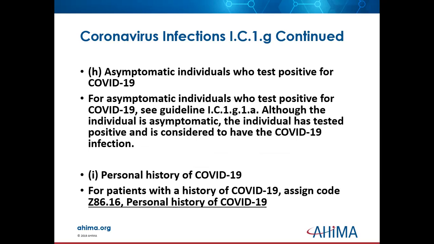You can't be asymptomatic and have symptoms, right? It's one or the other. You can't have the disease and be asymptomatic. So as per the second bullet point, if you have an asymptomatic individual who tests positive, he's no longer asymptomatic. Therefore, we would code it with the U07.1 for the COVID-19.